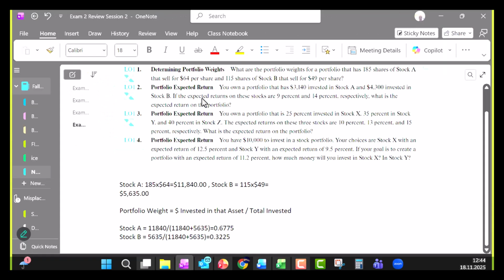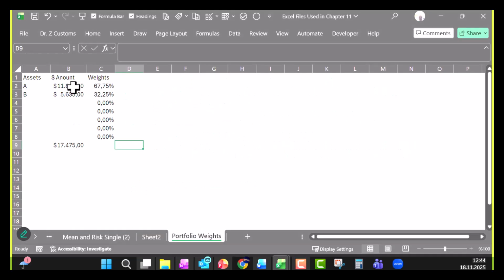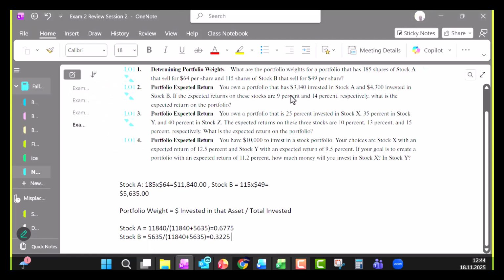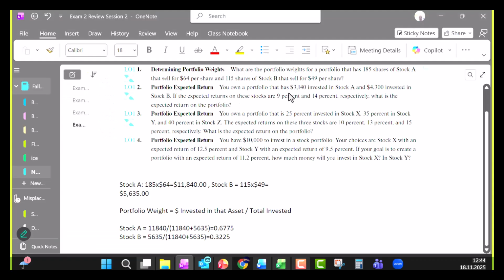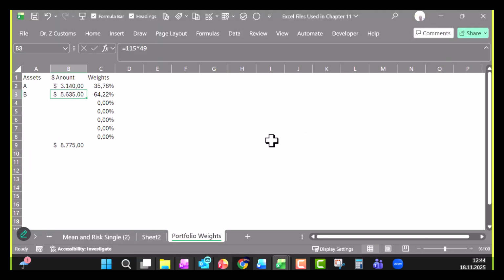Let's do the next one, portfolio expected return. Okay. We have, let's do this, 31.40% in stock A and 68.60% in stock B. Those are the weights.